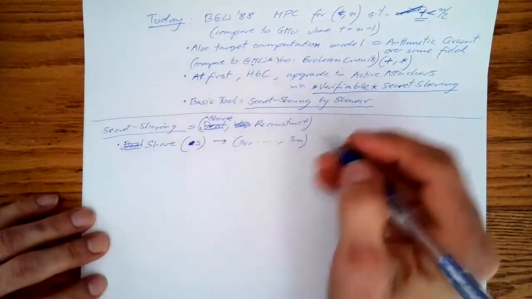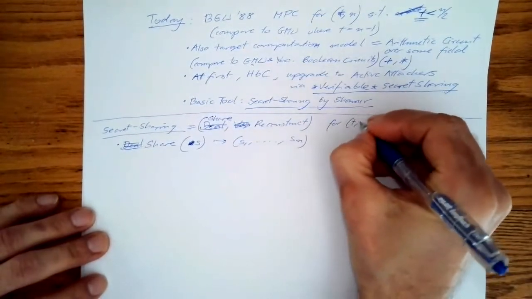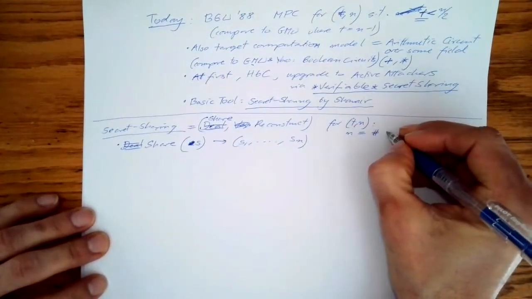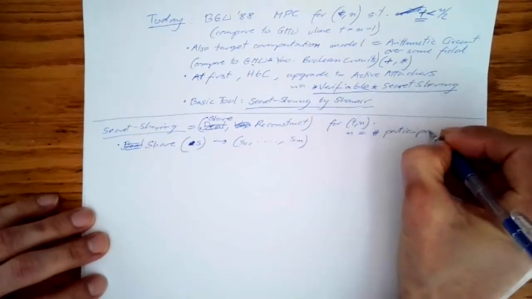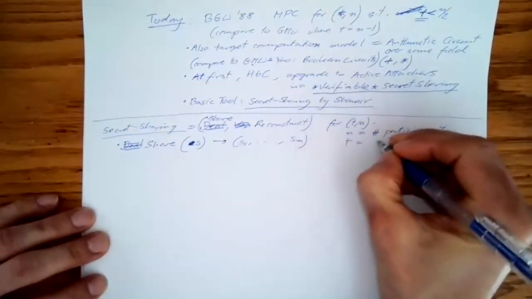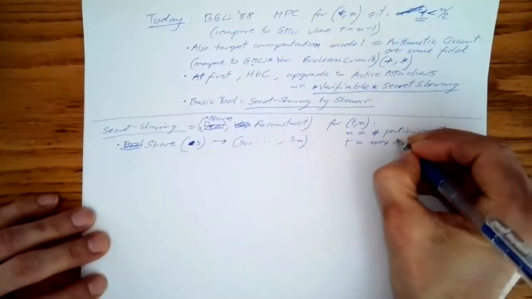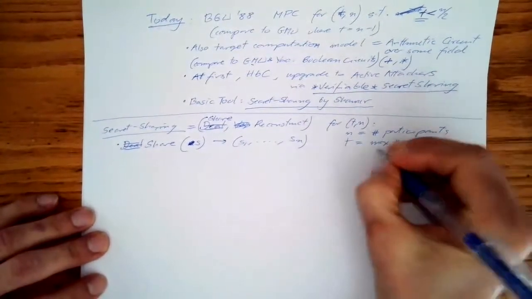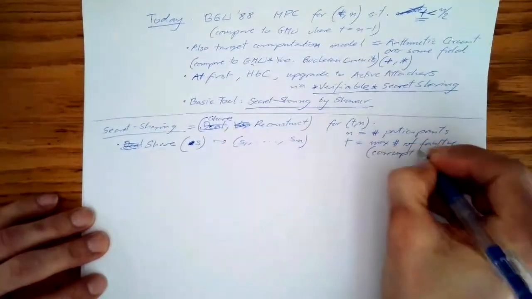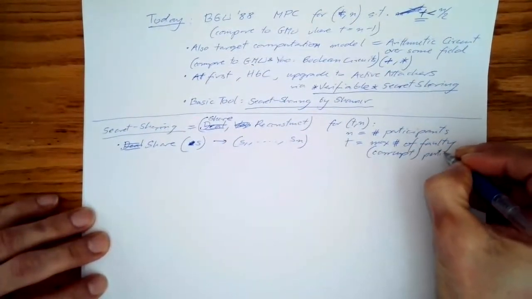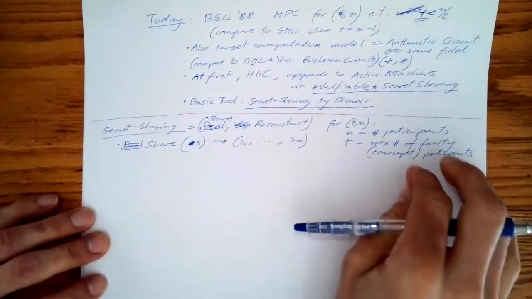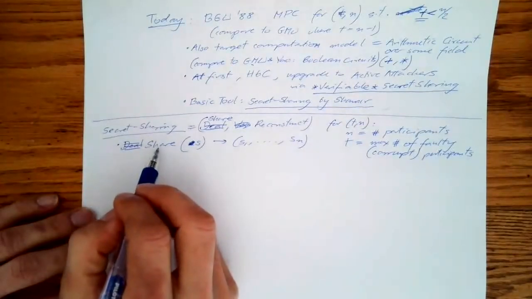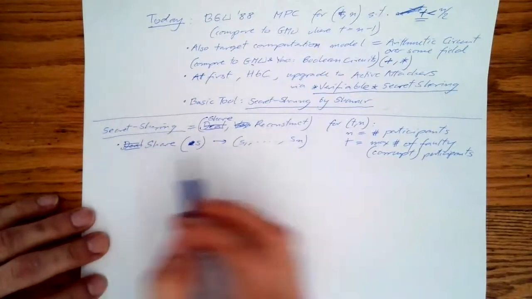So we'll show the secret sharing for a (t, n) threshold, where n is the number of participants, and t is the max number of faulty, meaning corrupt participants. We'll see what kind of faults we are concerned with here. But let's first assume everyone is honest and just see what the syntax of the scheme is.